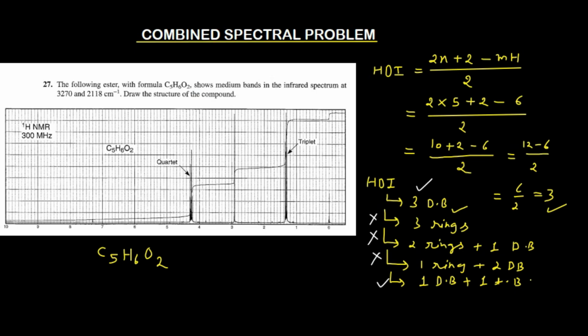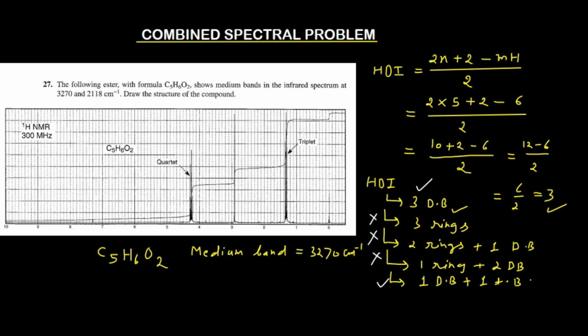But the important thing is that you can clearly observe a medium band, which you can observe at 3270 centimeter inverse. And see, this will prove how important these spectroscopic techniques are, right?